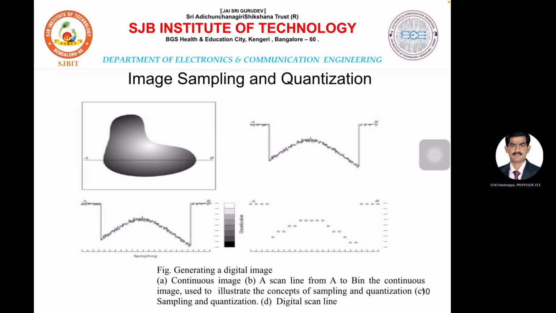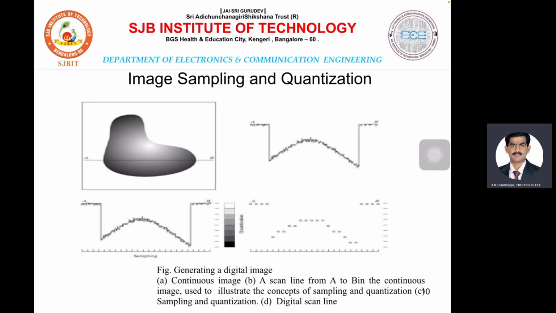So the set of these discrete locations gives the sampled function. However, the values of the samples still span a continuous range of gray level values. So in order to form a digital function, the gray level values must also be converted into discrete quantities.